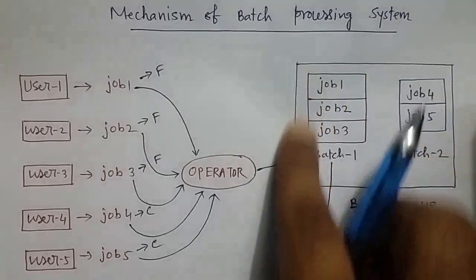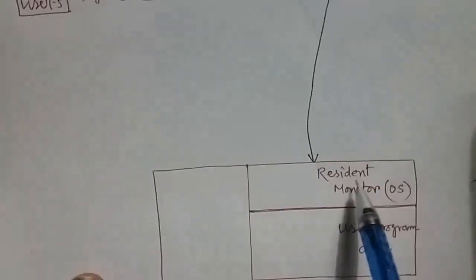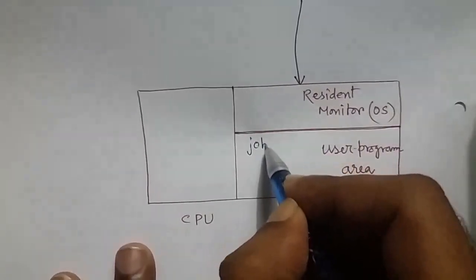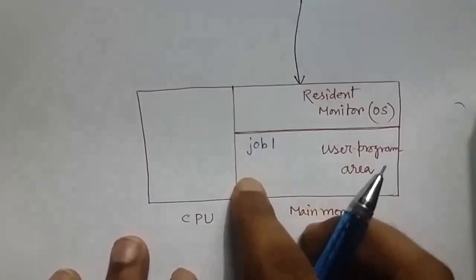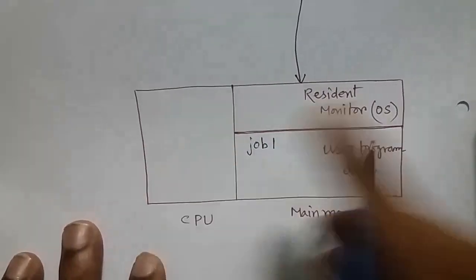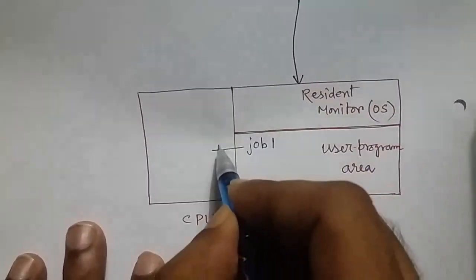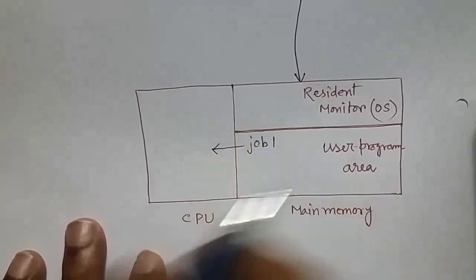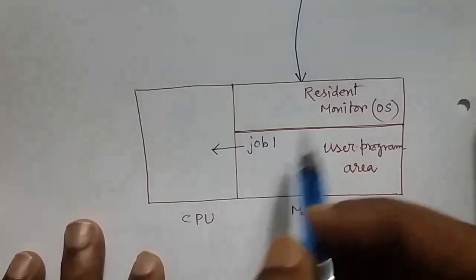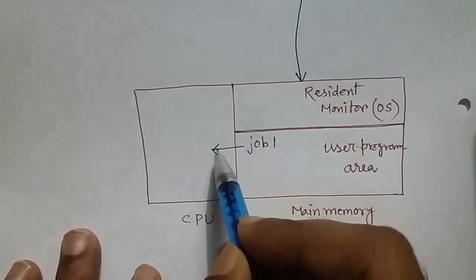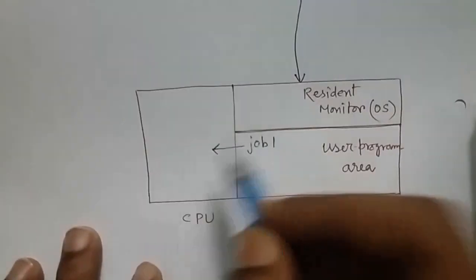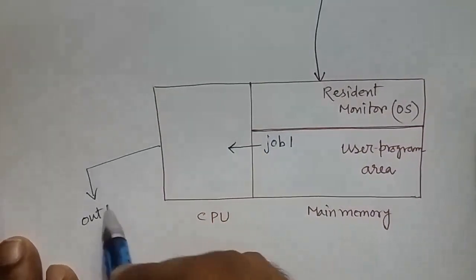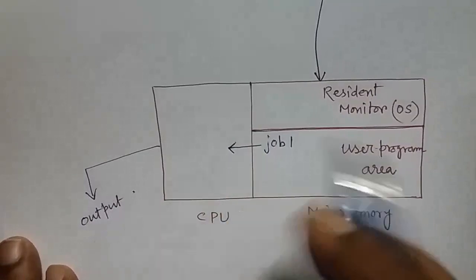As per the sequence, the resident monitor will load job 1 in the main memory for execution. Now when the processor is available, job 1 will be sent to the CPU, and it will get executed by the CPU and the output will be produced, and that is also in the form of punch cards.